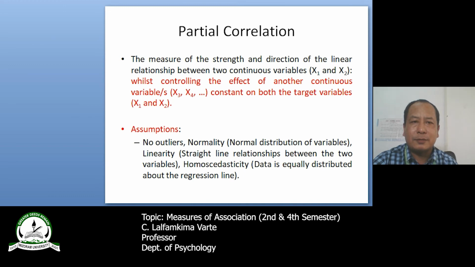Let us look at partial correlation, which is the measure of the strength and direction of the linear relationship between two continuous variables, say for example x1 and x2, whilst controlling the effect of another continuous variable, say for example x3, x4 and so on, constant on both the target variables, x1 and x2.